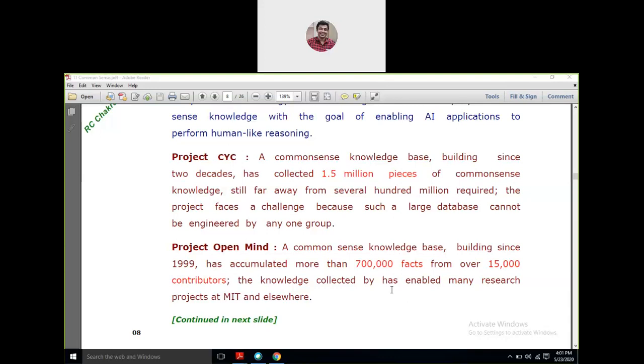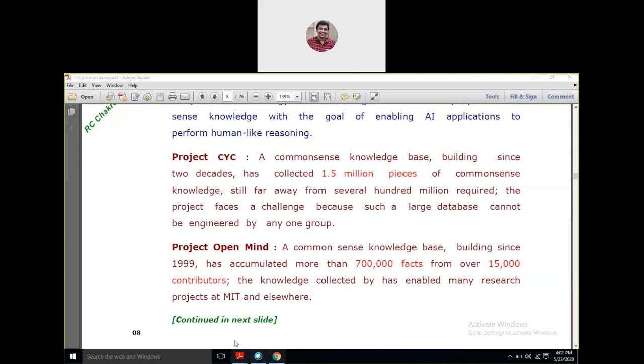They have collected around 1.5 million pieces of common sense knowledge, but there are still several thousand million pieces that can be collected from various circumstances. I won't call it picking from several human beings, but from several circumstances, right? Even capturing them, storing them and then reproducing them creates a lot of problems.